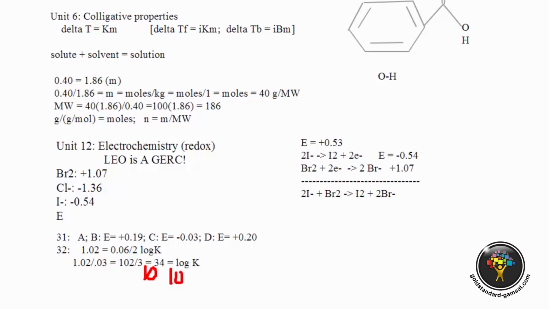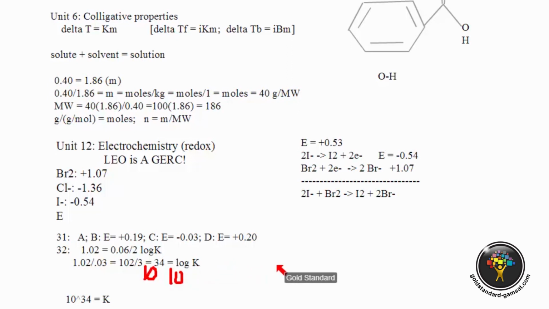The consequence of this is that we get 10 to the power of 34 is equal to k. Then you might say, why did that just happen? It's because both sides are raised to the power of 10, and 10 to the log base 10 of anything is equal to that anything.